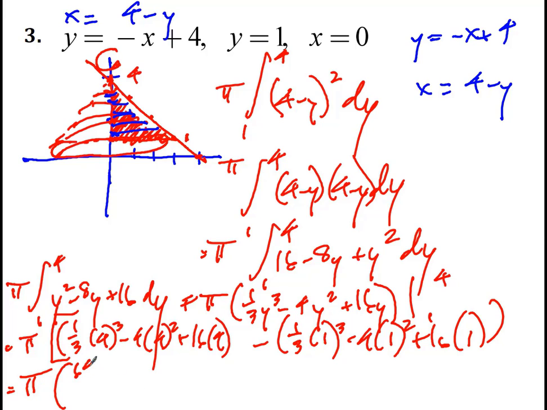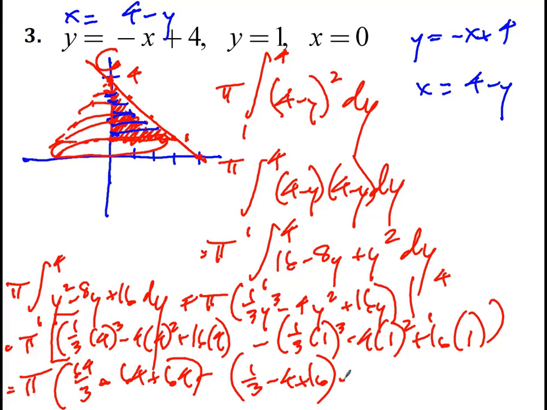So it's going to be 64 over 3 minus 16 times 4, which is minus 64, plus 64 minus 1/3 minus 4 plus 16, which is going to give us, now these cancel out, which is sweet.